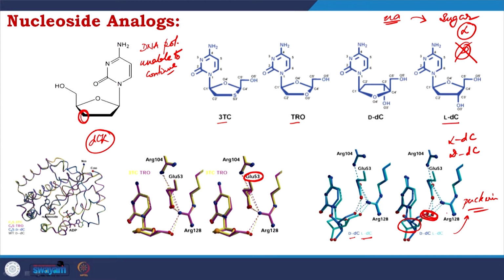So, be it L, be it D, you could say this is D, this is L, it somehow presents it like that. So, that is what the mechanism is talking about.